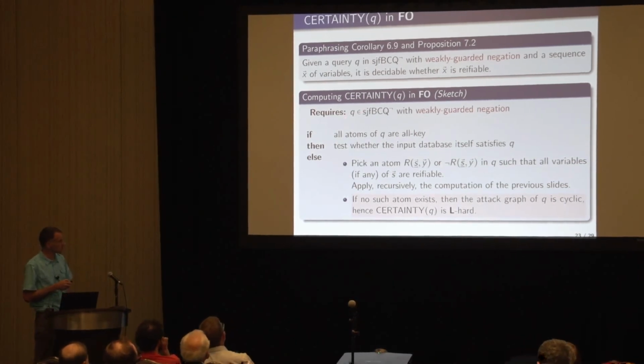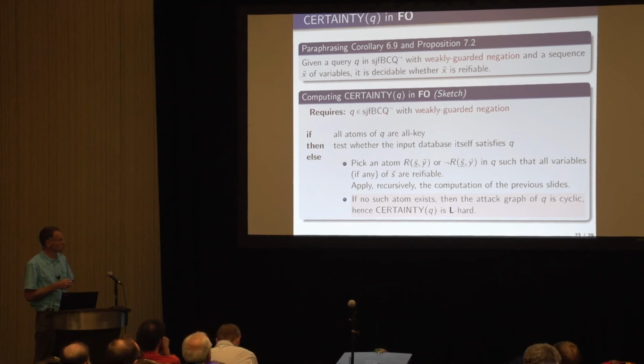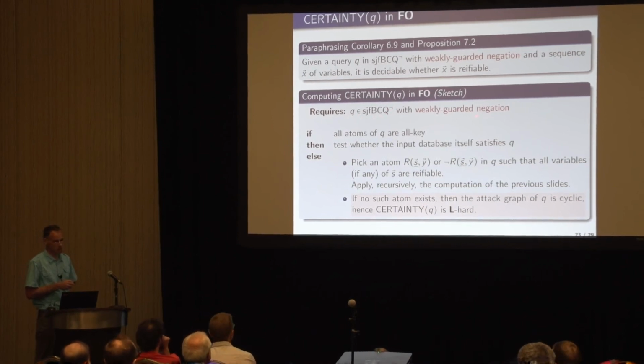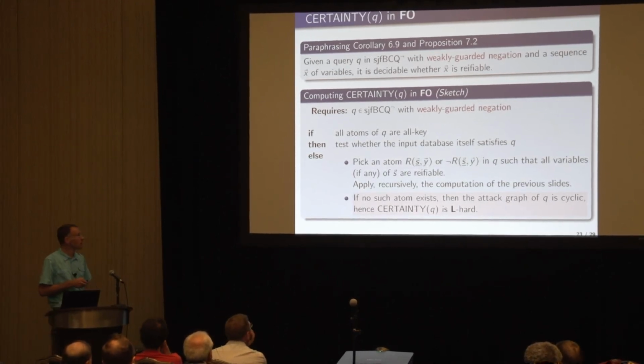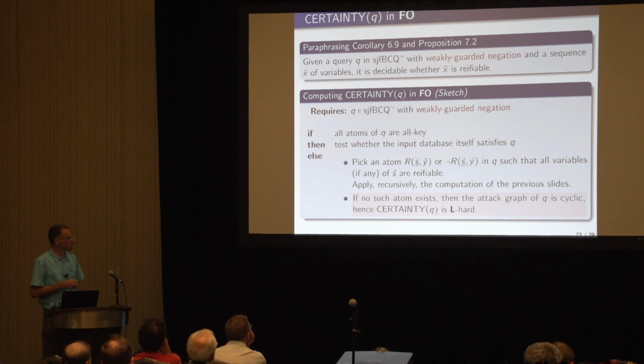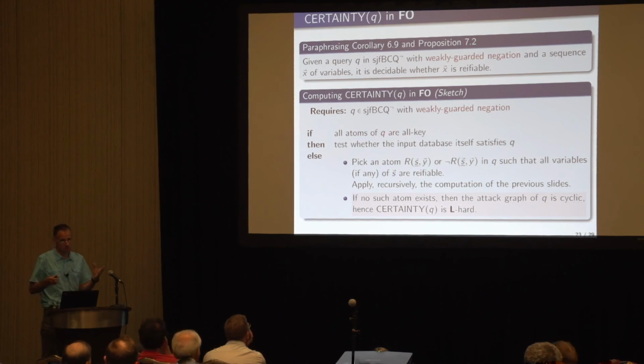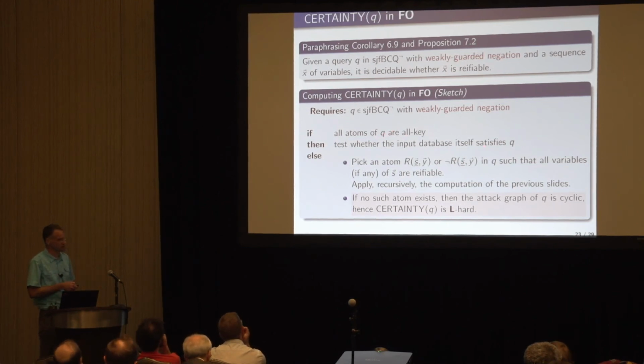It requires that Q is a self-join free Boolean conjunctive query with negated atoms and weakly guarded negation. And then we simply test if all the atoms of Q are all key, then of course we can just execute a query on the database.